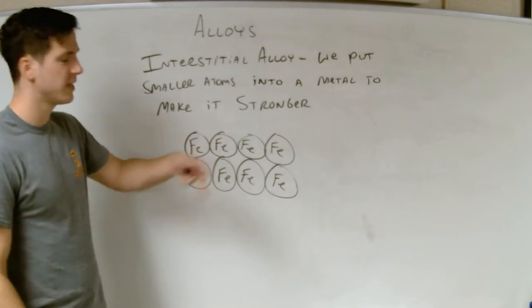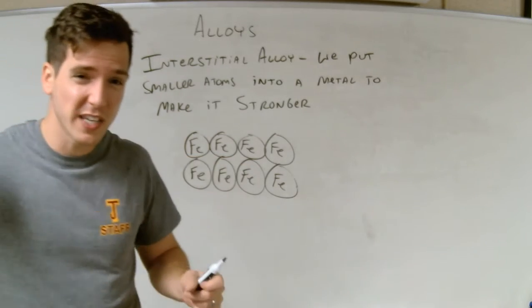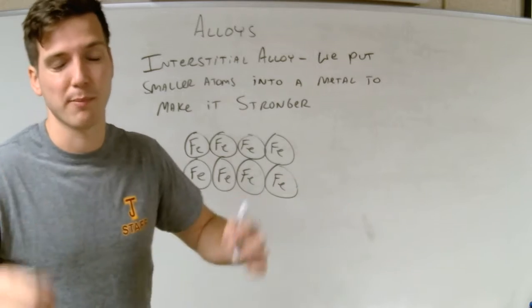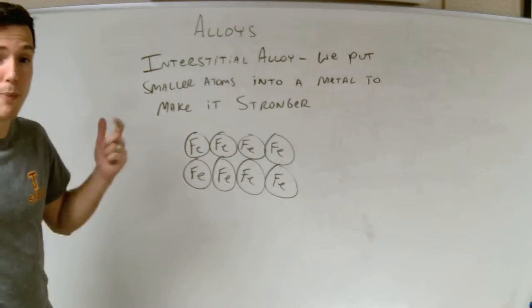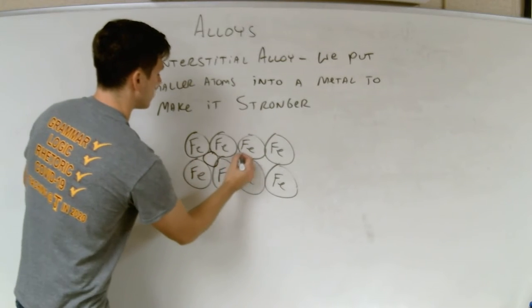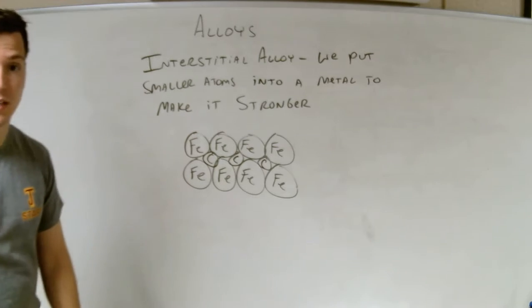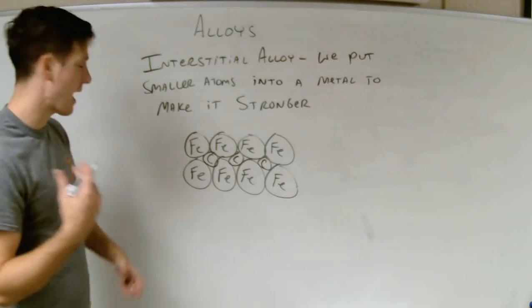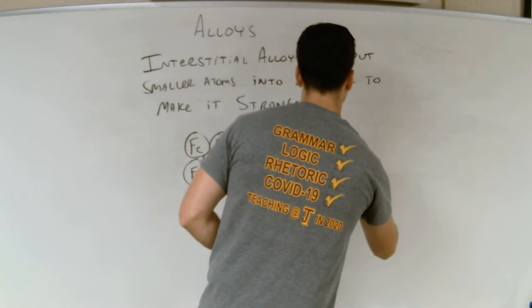Anyway, to make this iron stronger, there are all these spaces in between here. You could get some force in between those spaces and break apart those iron atoms. So what can we do to make this stronger? We could pack it full of smaller atoms, such as carbon, and make steel.